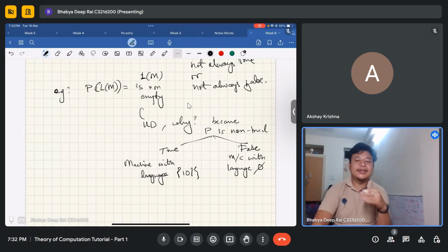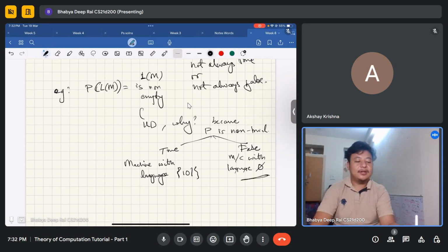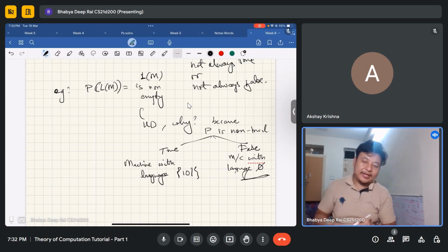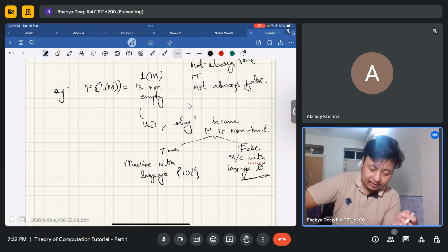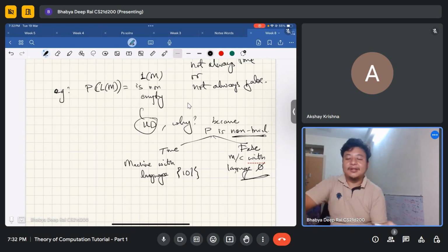The trivially rejecting Turing machine, a Turing machine which always rejects, is this particular Turing machine, right? So I can always give an example of such a Turing machine for which it is true, and an example for which it is false. So this is a non-trivial property. If it is non-trivial, then this is undecidable. So this is a sure shot method.